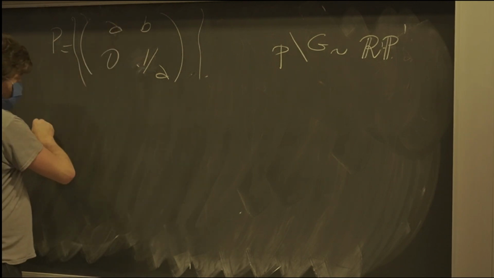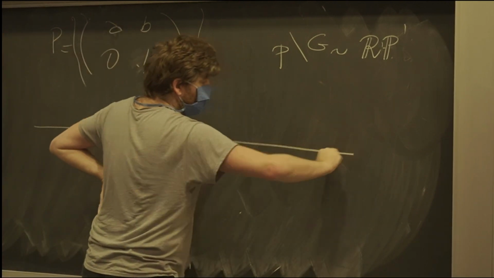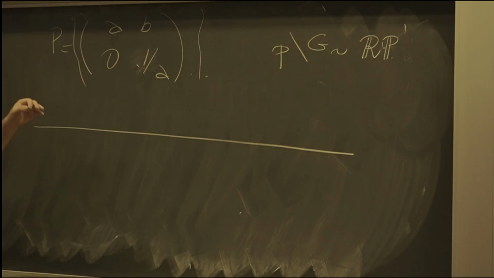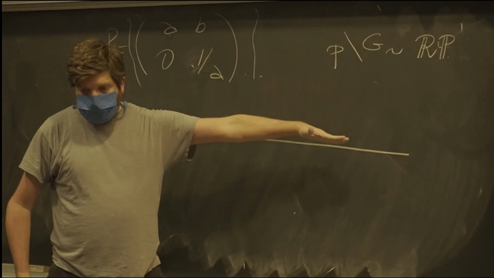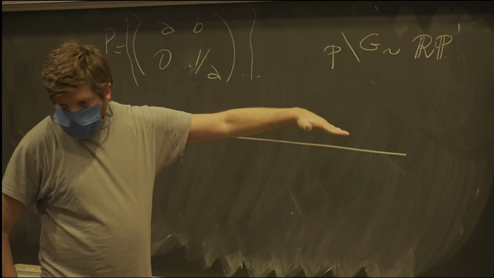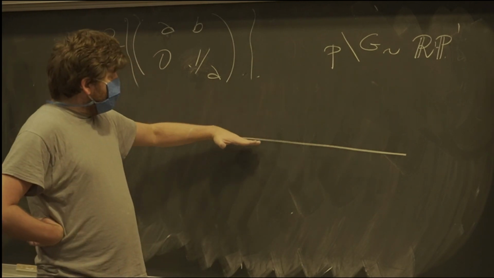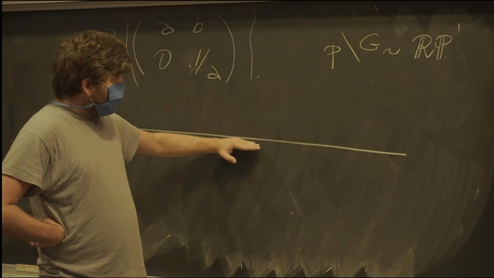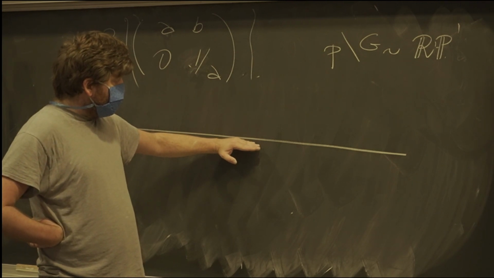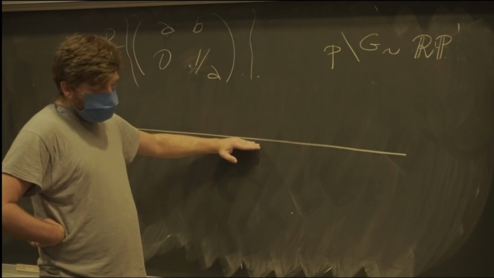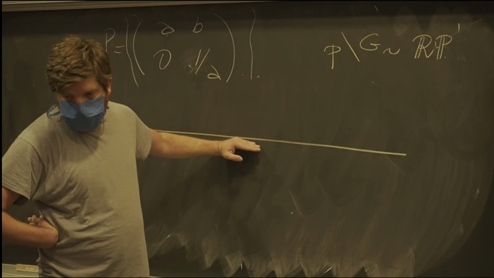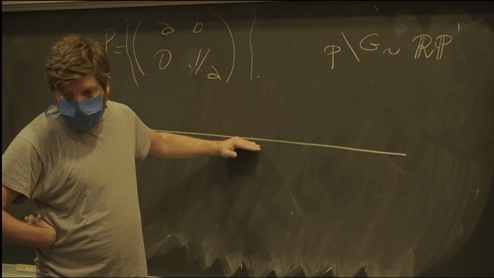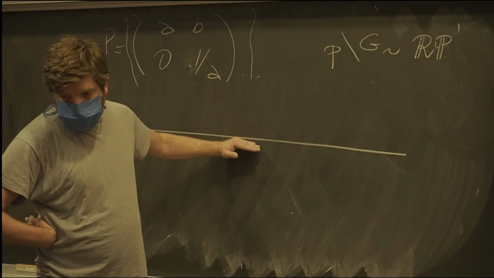On one hand, you can directly identify it with the extended real line, and that's the reason you call it a boundary, because this extended real line is actually the boundary of the upper half plane.